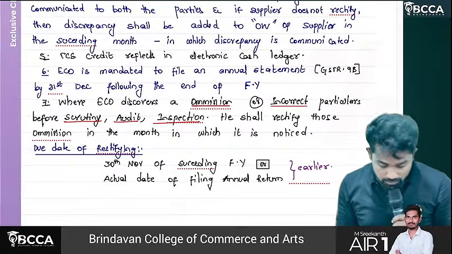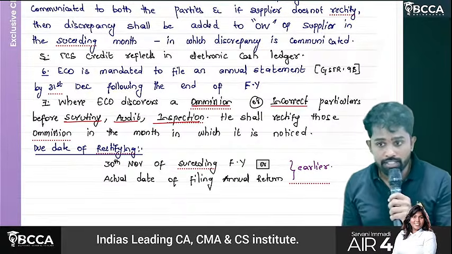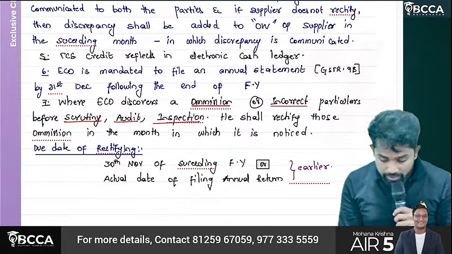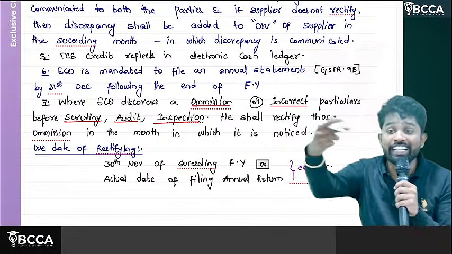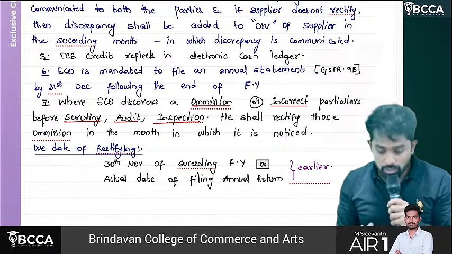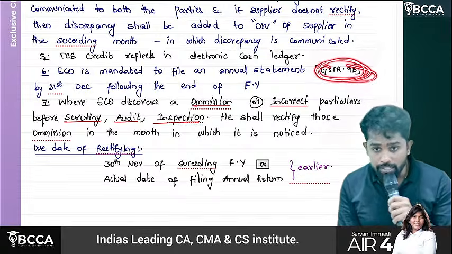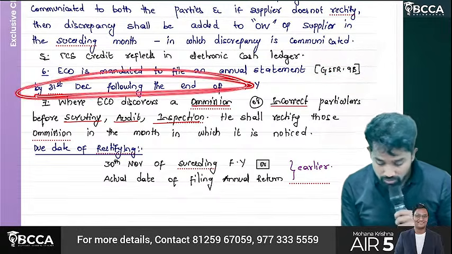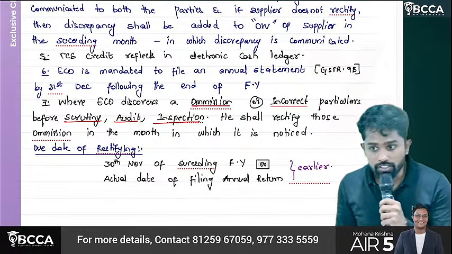TCS credit also reflects where? Electronic cash ledger. And not only GSTR 8, sir, every e-commerce operator is mandated to file a yearly annual return also. Which form? GSTR 9B, by when? 31st December of the following financial year.